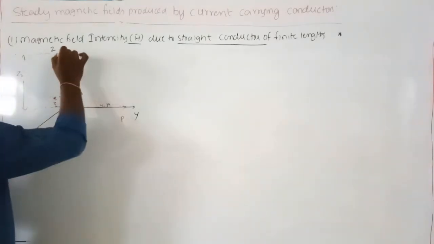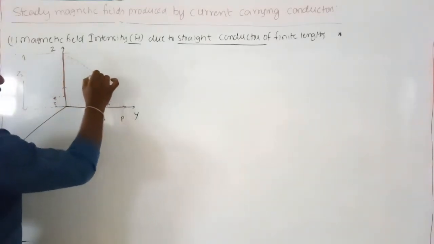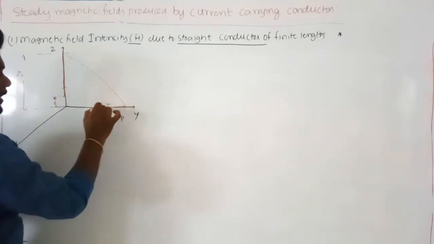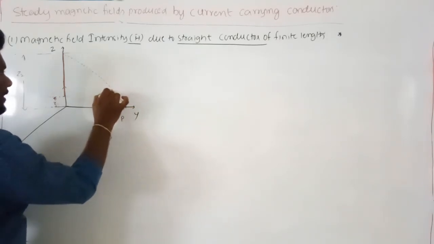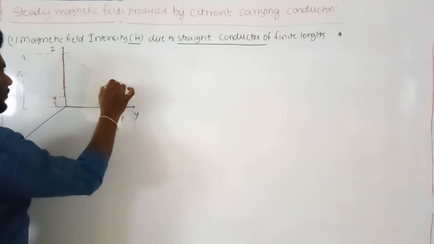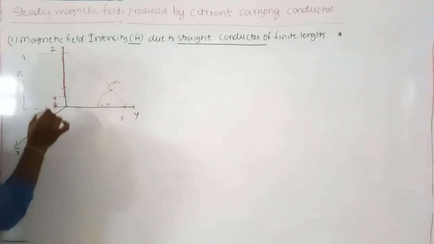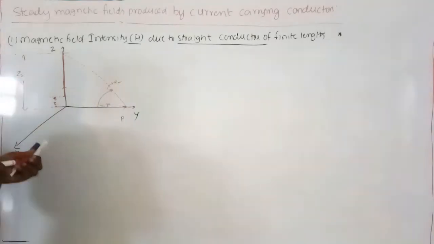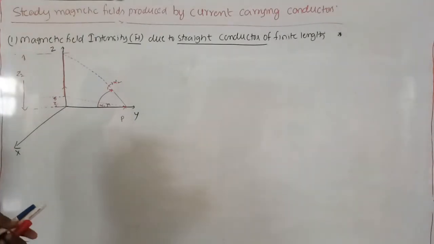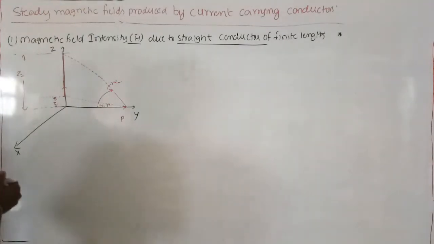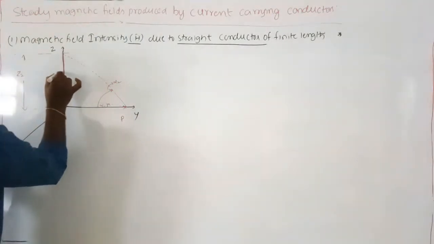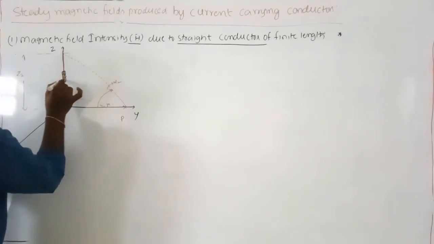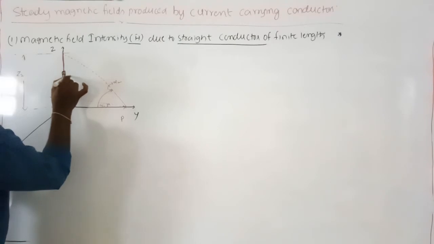Similarly the top end of the conductor makes an angle alpha 2 with respect to the y axis. Consider a small differential elemental length on the conductor like this. This is dl.